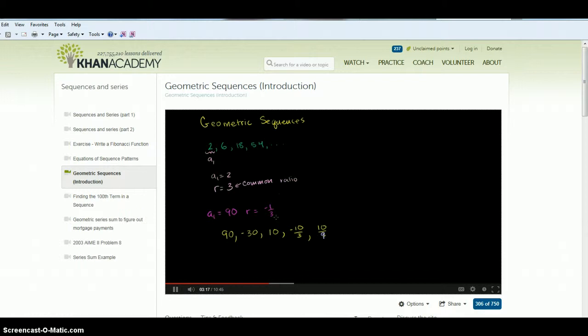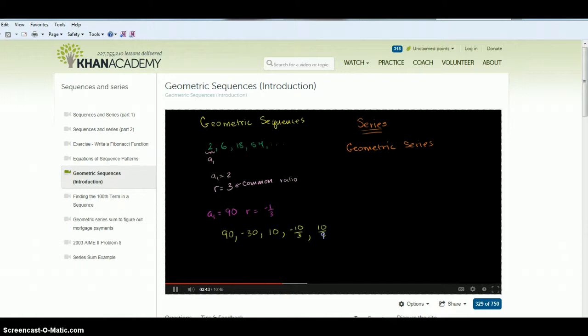These are sequences. You might also see the word series, and you might even see a geometric series. A series, the most conventional use of the word, means a sum of a sequence. So for example, this is a geometric sequence.